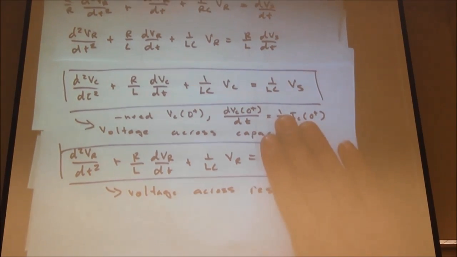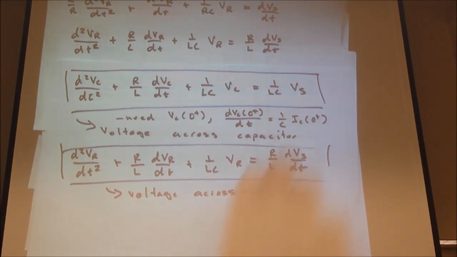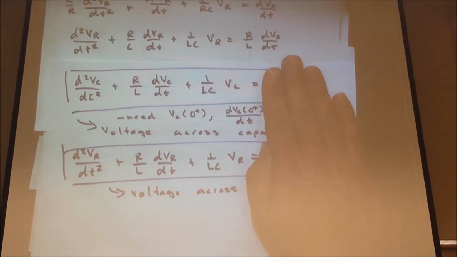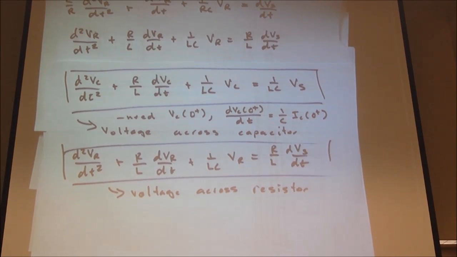And the homogeneous term is for a zero source. Well, what can I say about the homogeneous solutions for both these equations? They're the same form. The coefficients will be different, of course, but the homogeneous forms will be the same. We haven't looked at the homogeneous forms, but they are the same.